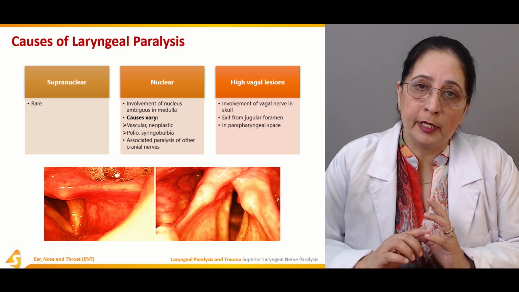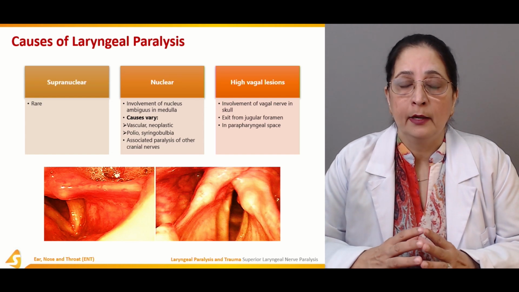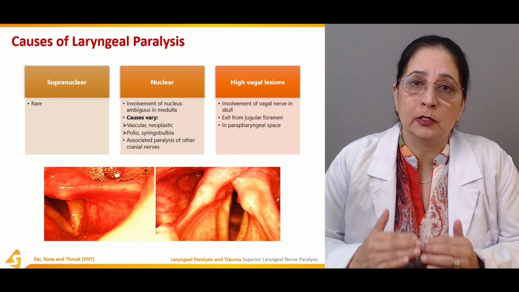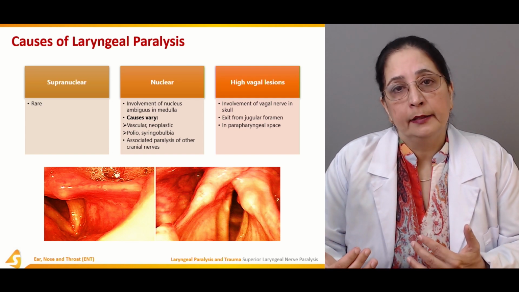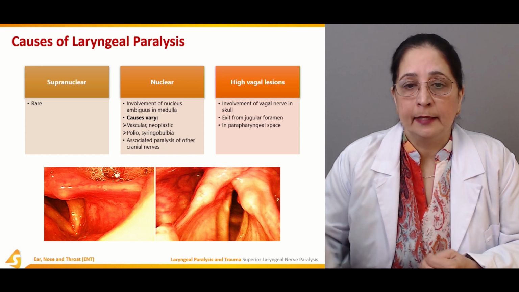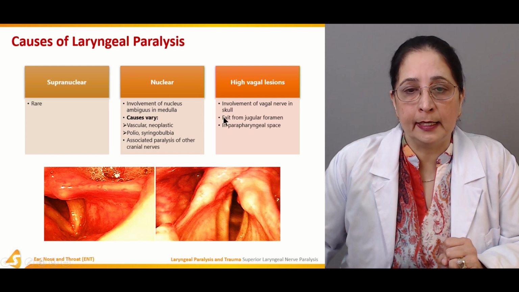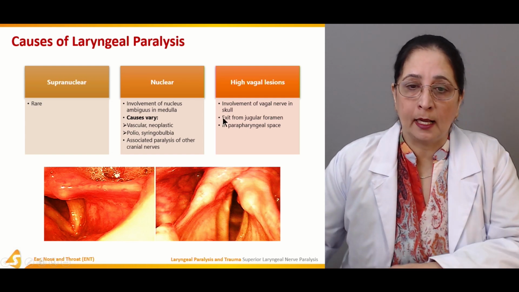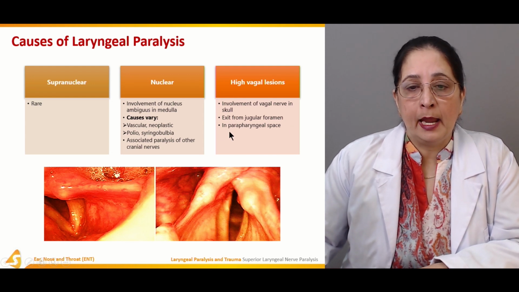We have supranuclear, which are rare, above the nucleus, then nuclear causes, which can be due to vascular, neoplastic, polio. All these can cause nuclear laryngeal paralysis. Then high vagal lesions, involvement of the vagal nerve in the skull because it's high, which exits from the jugular foramen and in the parapharyngeal space.